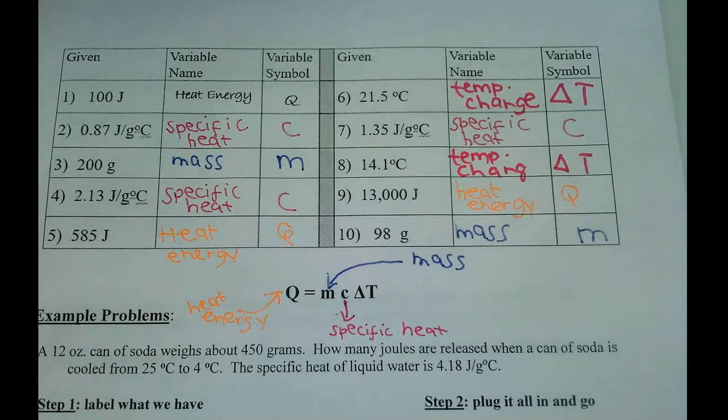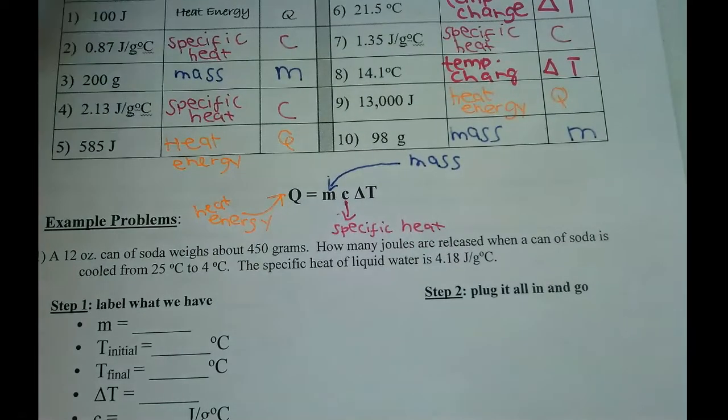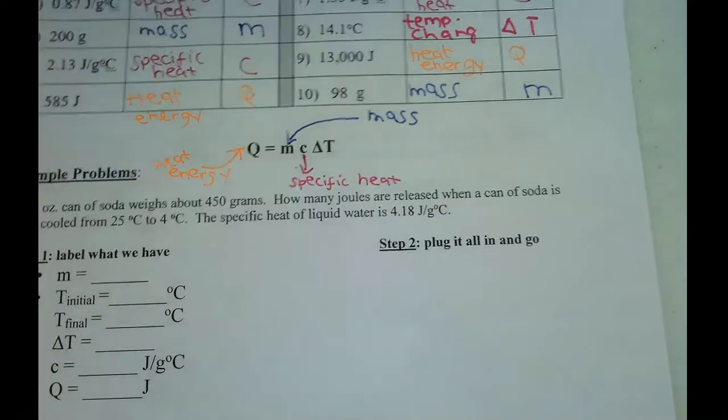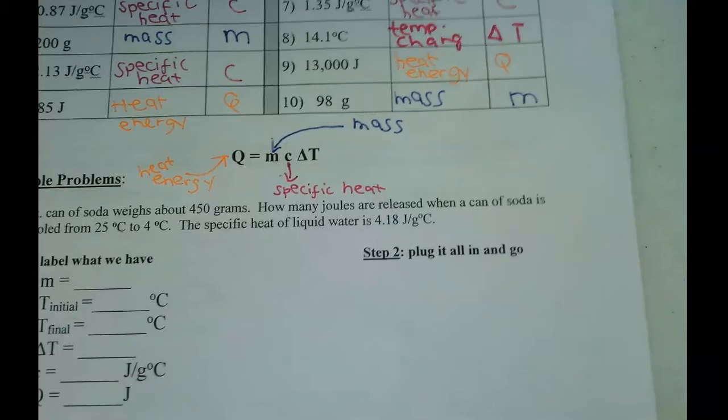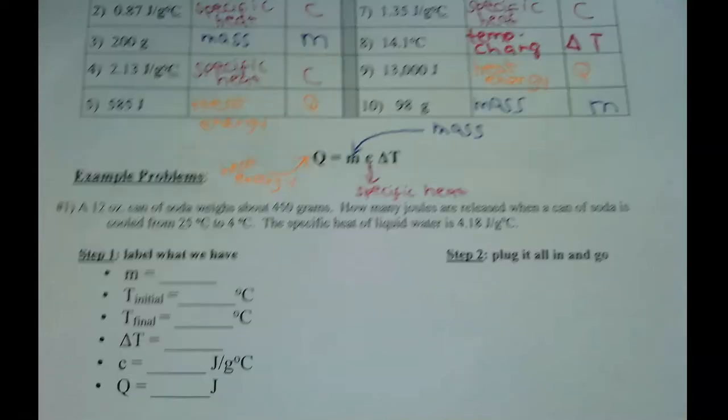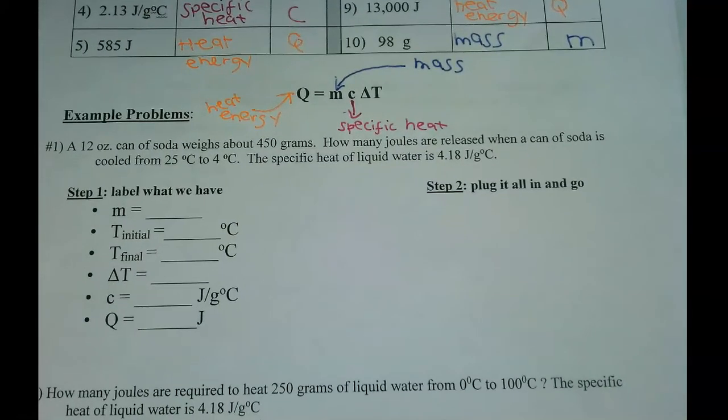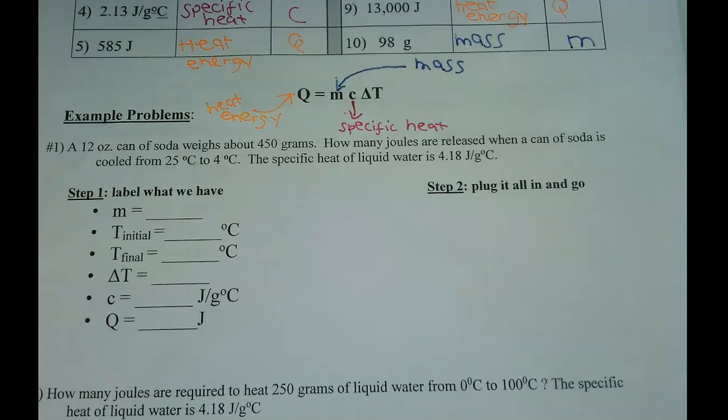All right, now that we can identify our variables, or you're beginning to get there, keep your chart handy. This is very useful for practicing. We're going to use these to do some examples. These are all very similar to any kind of word problem you've ever worked before.